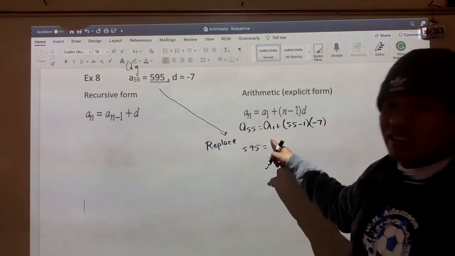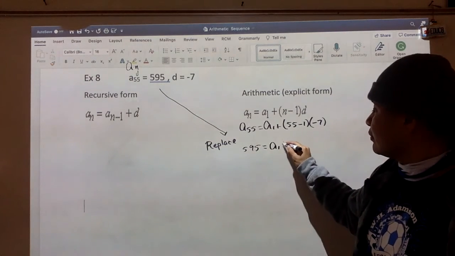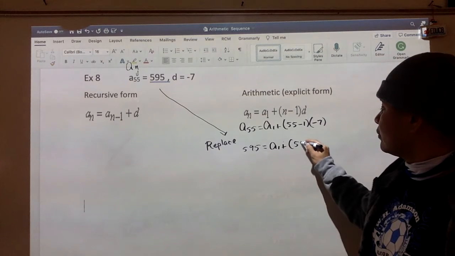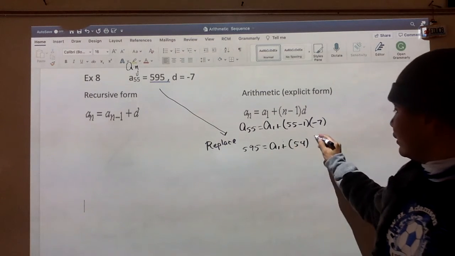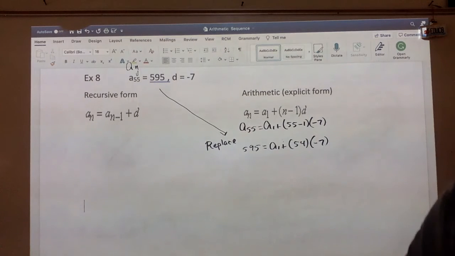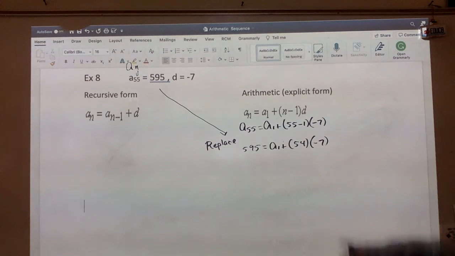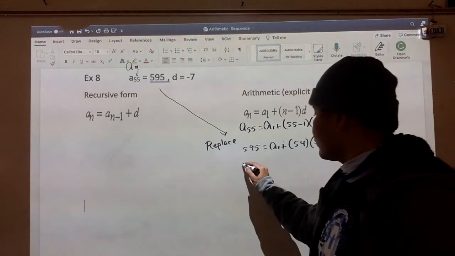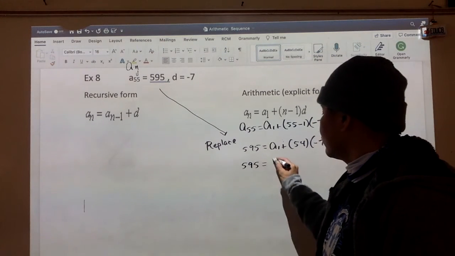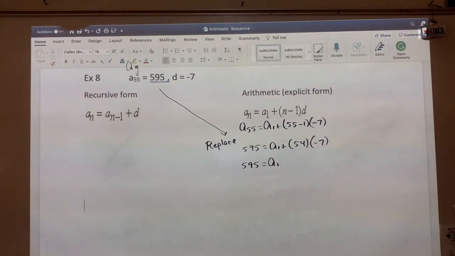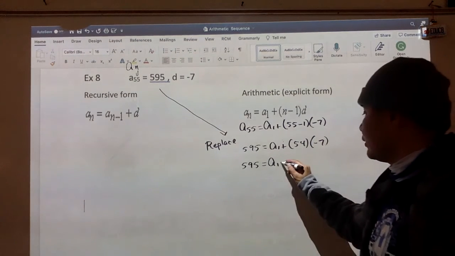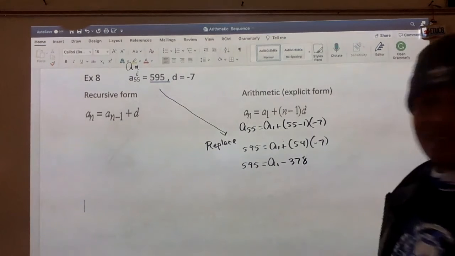A1, don't know what it is, leave it alone, that's fine. I simply subtracted 55 minus 1, 54. Times negative 7. The next thing I can do, you see those two numbers in the parentheses, I can multiply them. If you multiply 54 times negative 7, it should give you a negative number, negative 378.